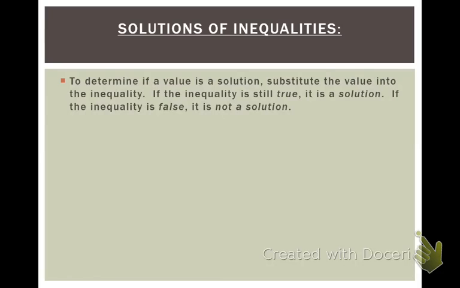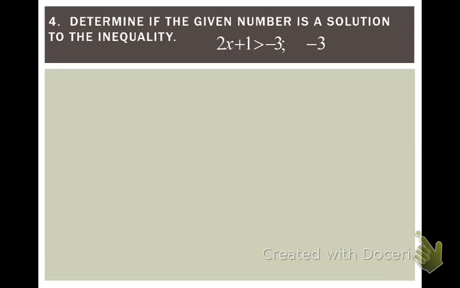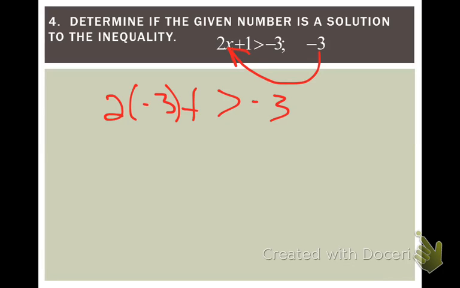And so we'll have to make sure that we're paying attention to what the inequality says. Okay? So for example, if we have the inequality 2x plus 1 is greater than negative 3, is negative 3 a solution? Well, to find out, we want to literally take negative 3 and plug it in for x. So 2 times negative 3 plus 1, is that greater than negative 3?